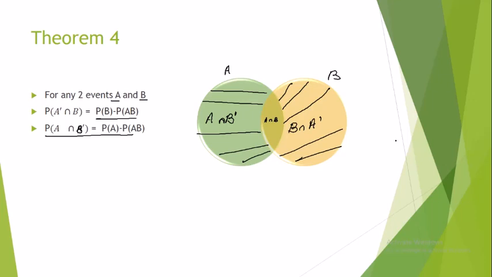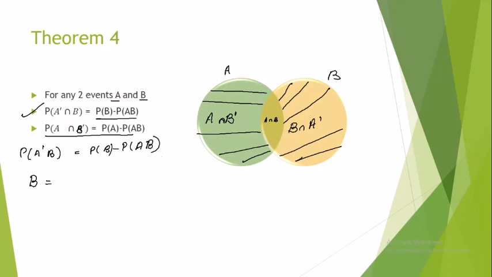Okay, fine. So in order to prove this first equation, that is the first theorem, probability of A complement B is equal to probability of B minus probability of AB, we are going to consider the event B. Now what is the event B by connecting all these things?